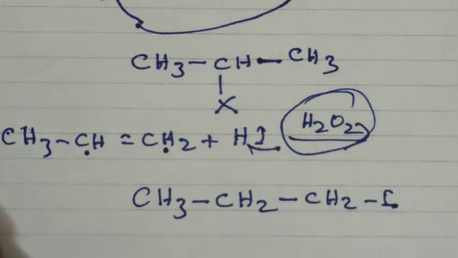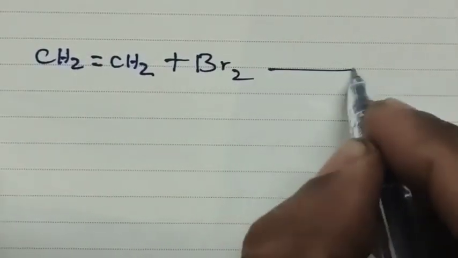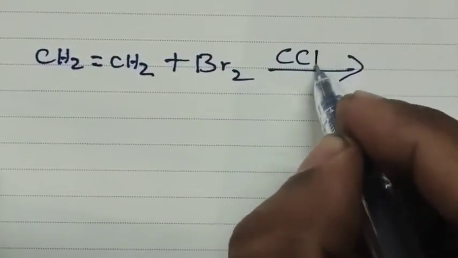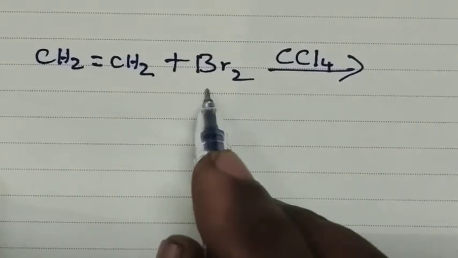So, we studied how to convert alkene to alkyl halide, a simple addition reaction. To an alkene, when bromine is added in the presence of carbon tetrachloride, we will get a brown color due to the presence of bromine.